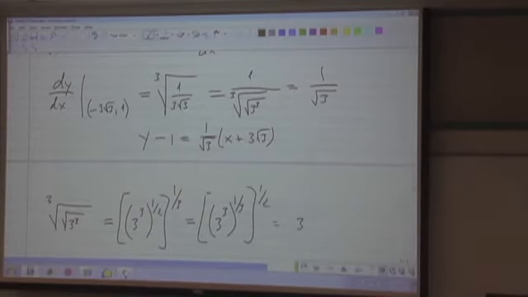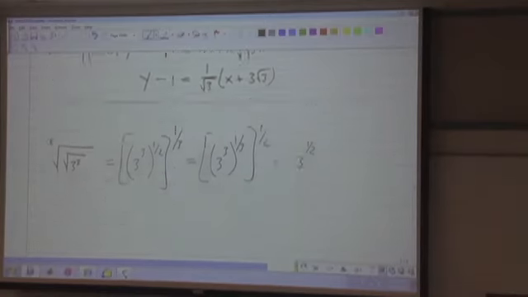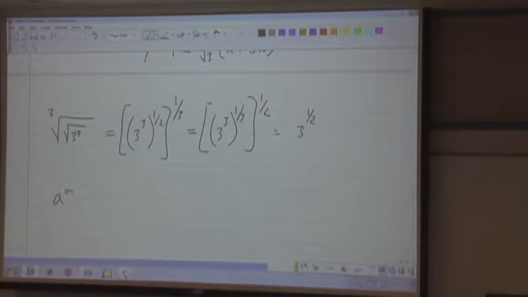So it's just 3 to 1/3, 1/2. A to the m all to the n is equal to a to the m times n. So it can equal a to the n times m. So it's a to the n all to the m.